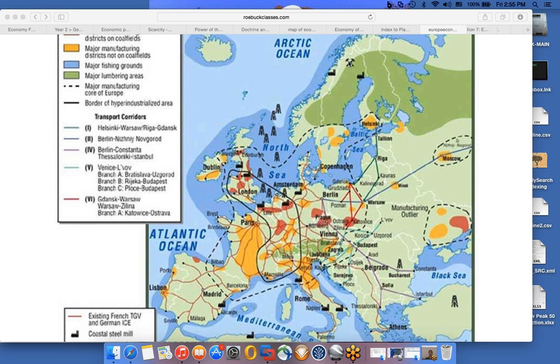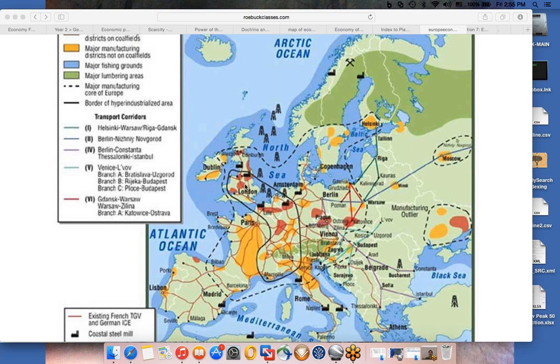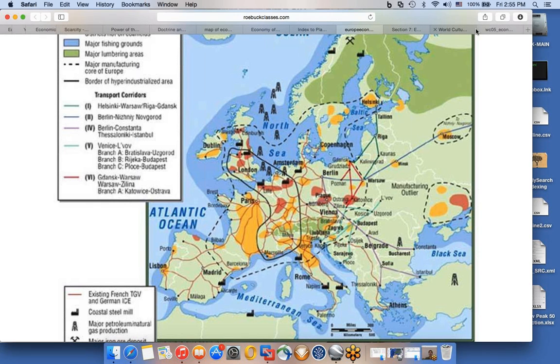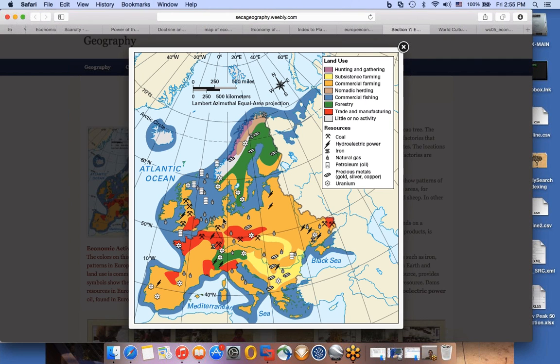Here they have it in the north of Sweden. There are also, of course, areas in Germany and England that will have a lot of mining activities. All right.